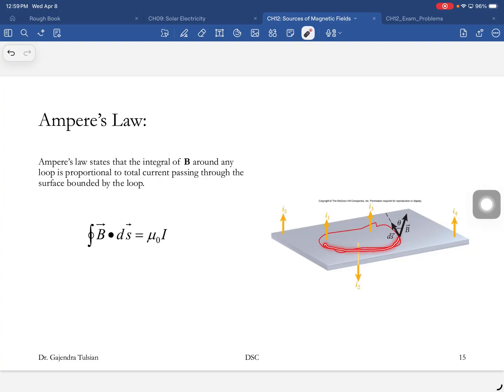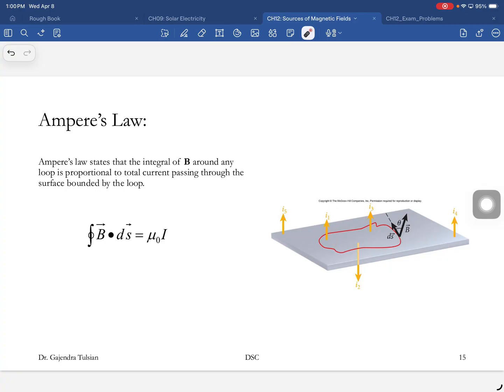If you take the line integral of the magnetic field around a closed loop, that line integral is equal to mu naught times the current threading this loop. If you're taking the line integral in this sense, then the current in this sense is positive.